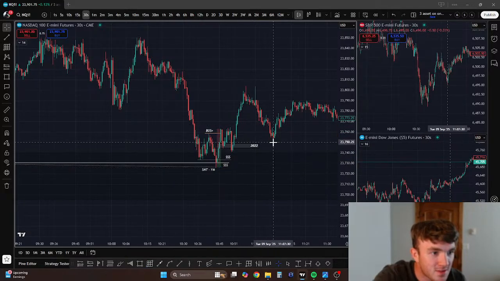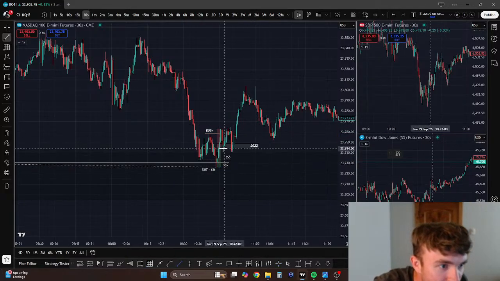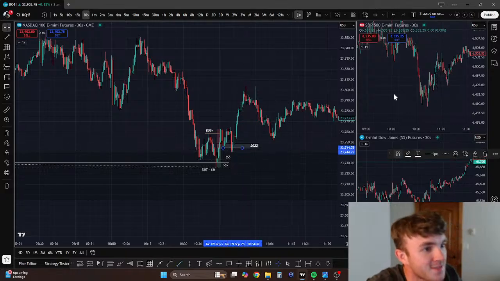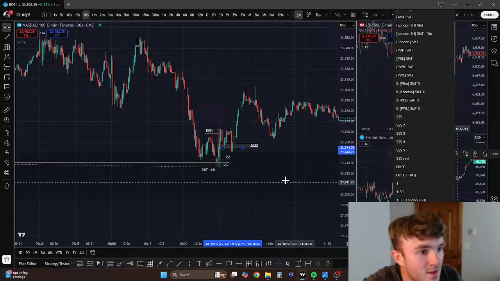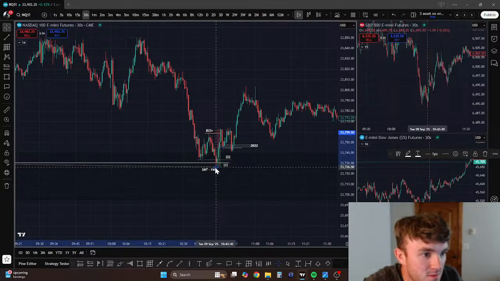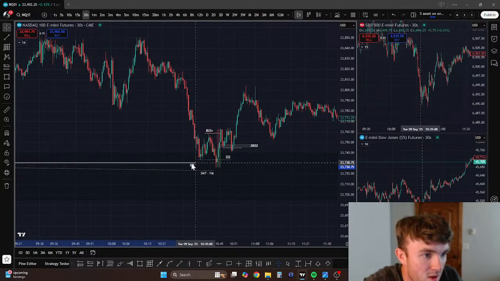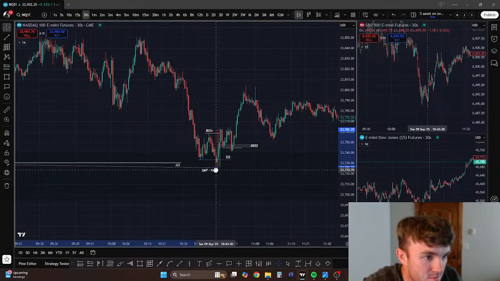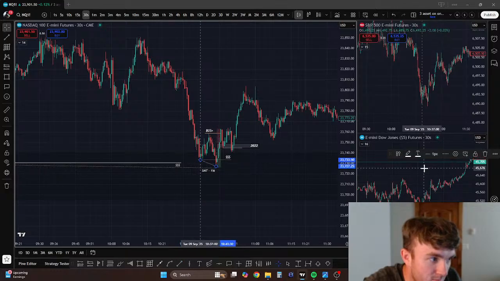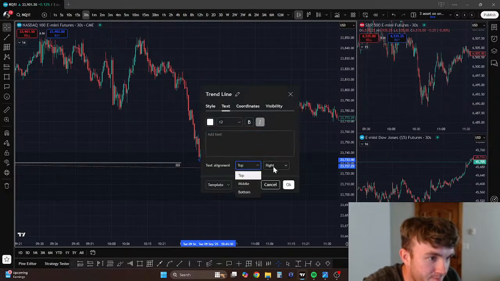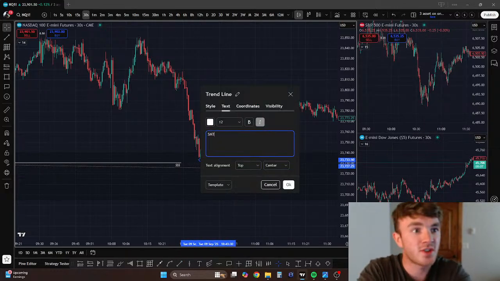And then we induce this low below the 2022 gap. One of these days, I'm going to take a trade like this, and it's just going to be so beautiful. I tried this trade earlier in the day.